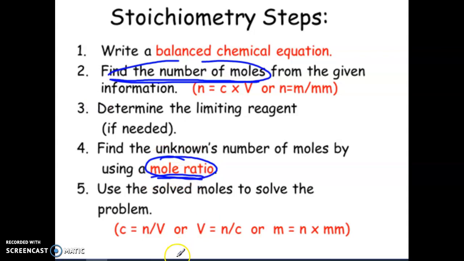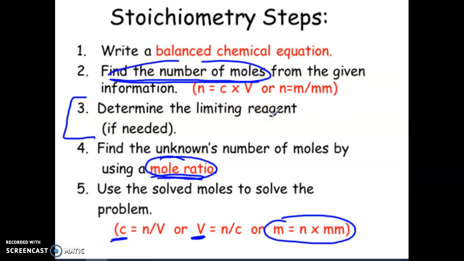And then the last piece to this: in the last unit we did mass, which is moles times the molar mass, but now we can be asked to solve for concentration or volume. So it really depends on what information you're given. But the steps are the same. Balanced reaction, find moles, do the mole ratio, and solve for whatever they're asking you to solve for. And of course, the limiting reactant is only if you need it.